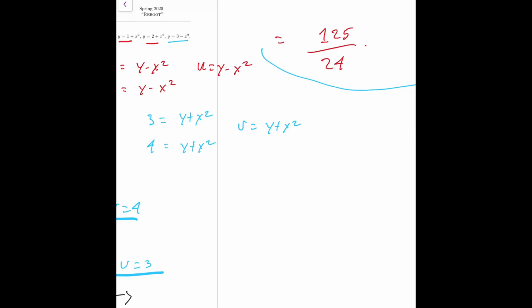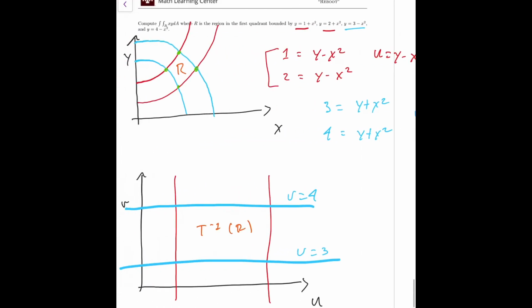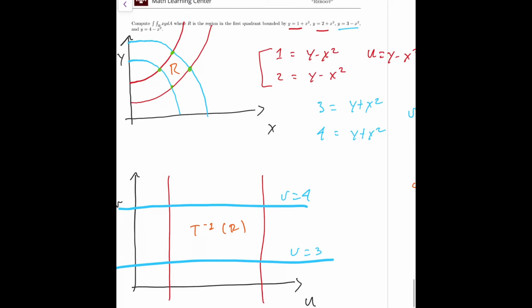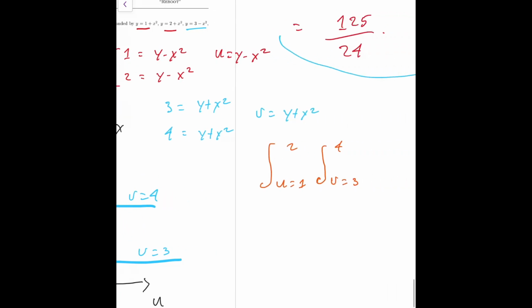Actually, I'm going to use a neutral color with respect to the problem here. So v goes from 3 to 4, u goes from 1 to 2. Is that right? Yeah, 1 to 2. Okay, so now the function we're integrating is x times y.